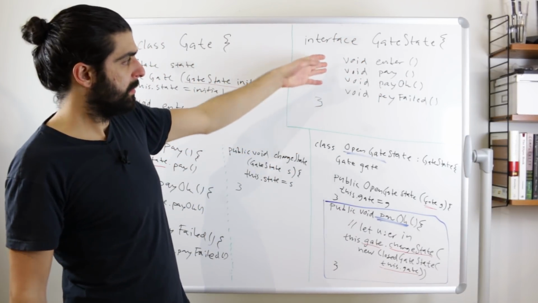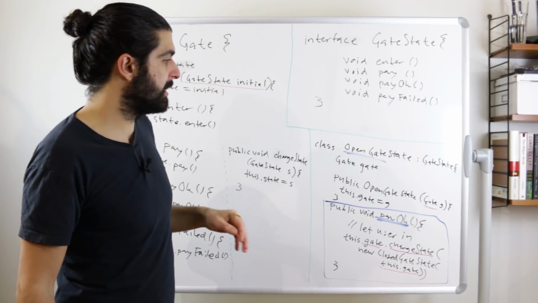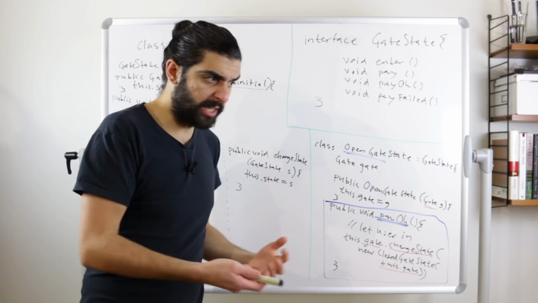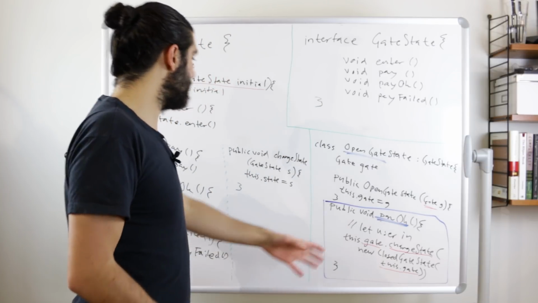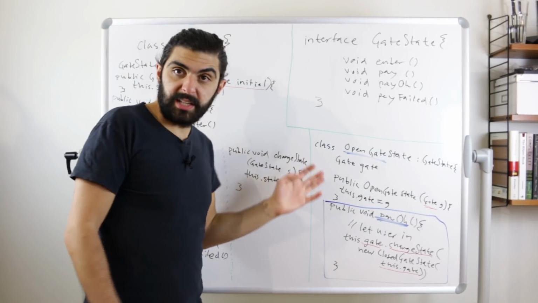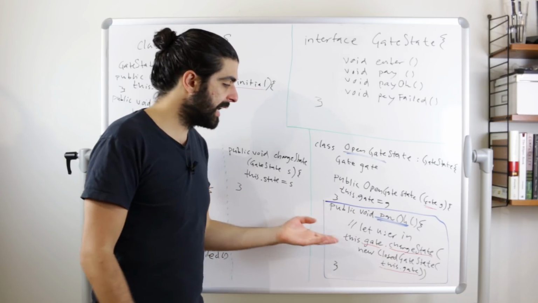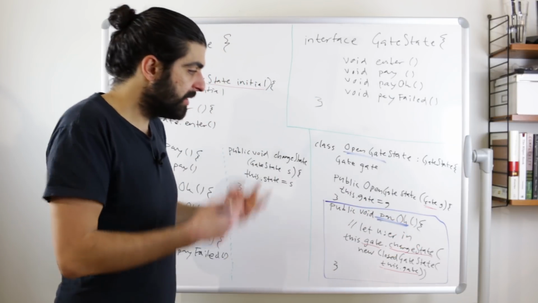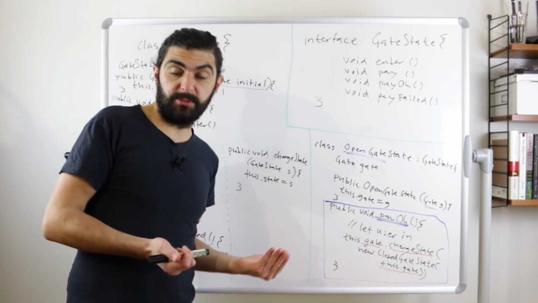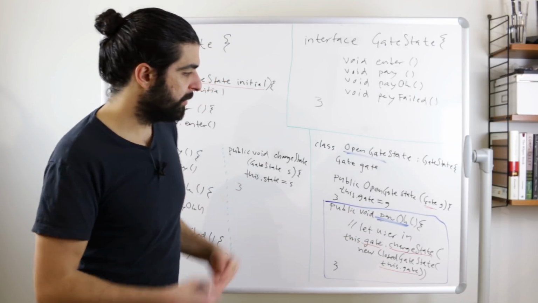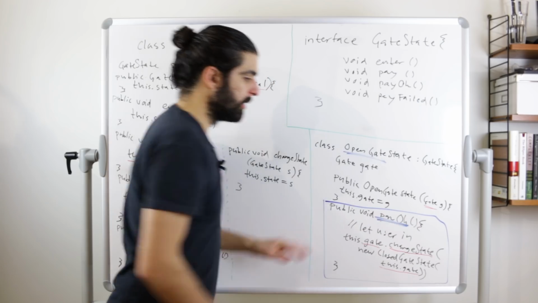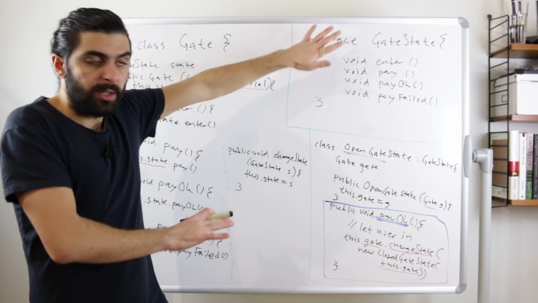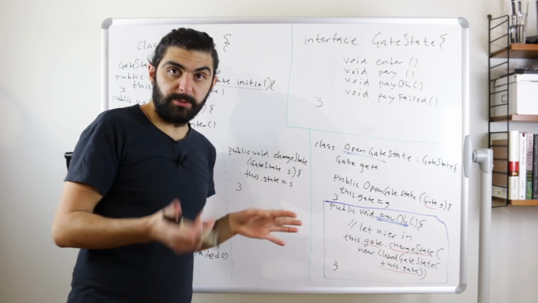But then, of course, maybe that isn't the case for all of the gate states, because maybe some of the states don't change the state and then don't actually need a reference to the gate. The point of having a reference to the gate is that we want to be able to call change state on that gate. If we don't need to change the state, then we don't need a reference to that gate, and we would simply, for no good reason, have to pass in an argument to that method even though we're not using it. But again, you can experiment with this and see that there are a lot of different ways we could do it.